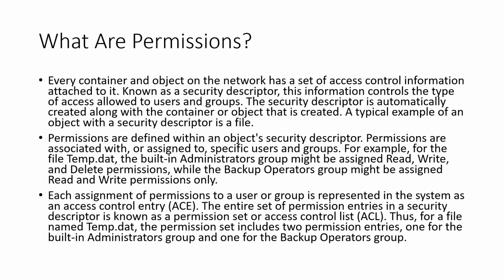For example, if we create a file called file.dat, the built-in Administrators group might be assigned read, write, and delete permissions, whilst the Backup Operators might be assigned read and write permissions only. But at the end of the day, when you create any file, you will have to decide what kind of permission you are going to assign to it.